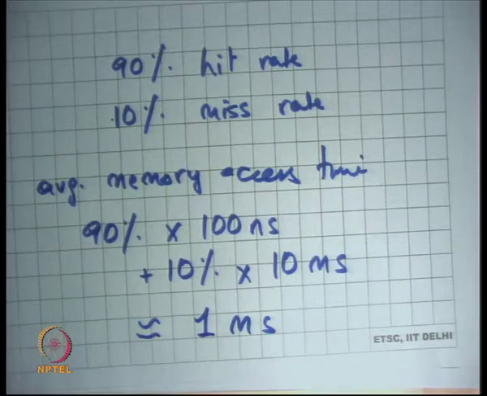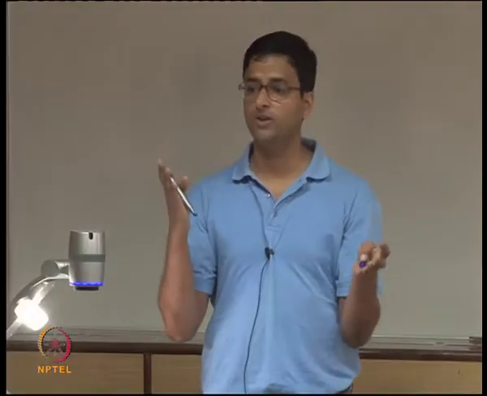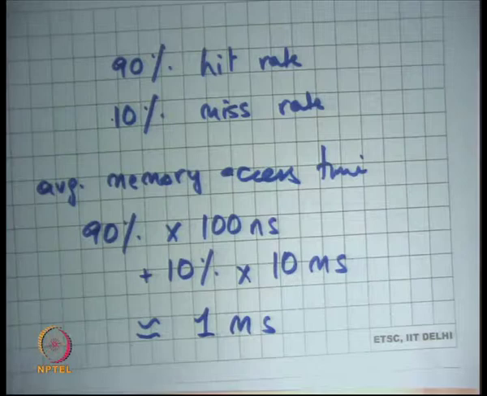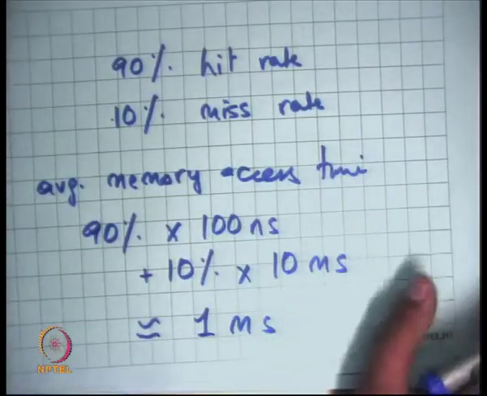That's very bad. Your actual physical memory takes only 10 to 100 nanoseconds, and with a 90% hit rate you are basically executing at the speed of the disk, which is completely unacceptable. These kinds of numbers are absolutely not acceptable.